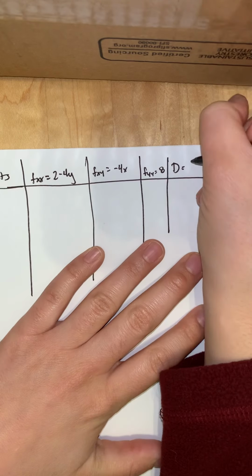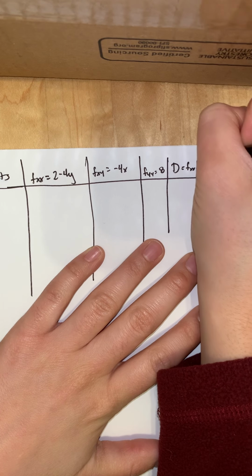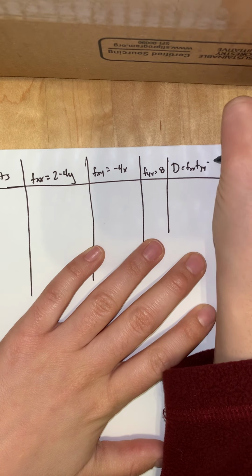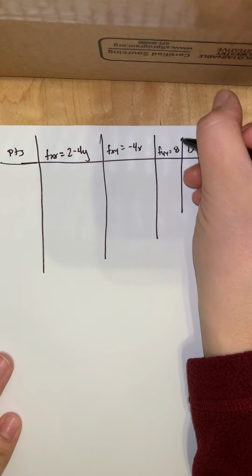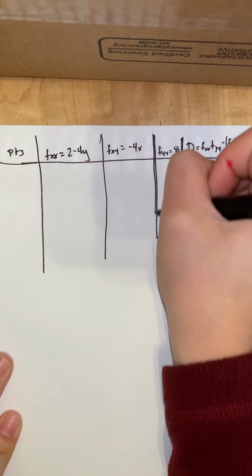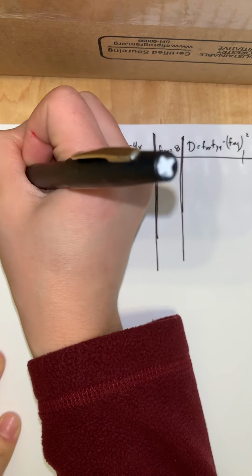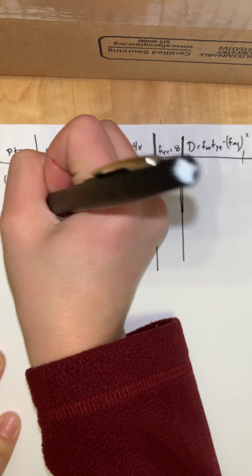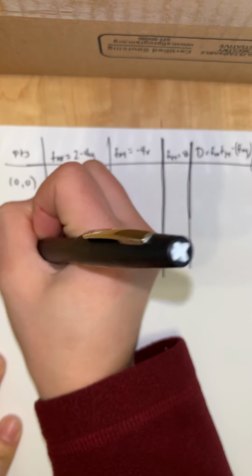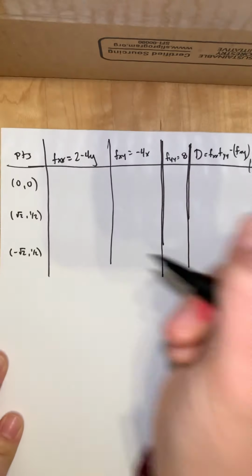Then my discriminant is equal to fxx fyy minus fxy squared. Okay, so for my points, I've got (0, 0), (root 2, 1/2), (negative root 2, 1/2).